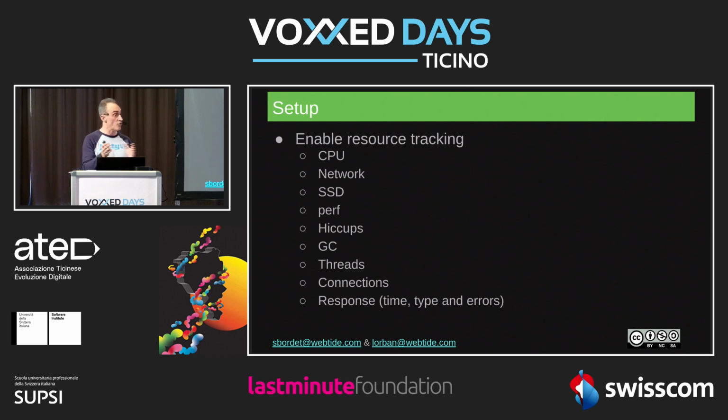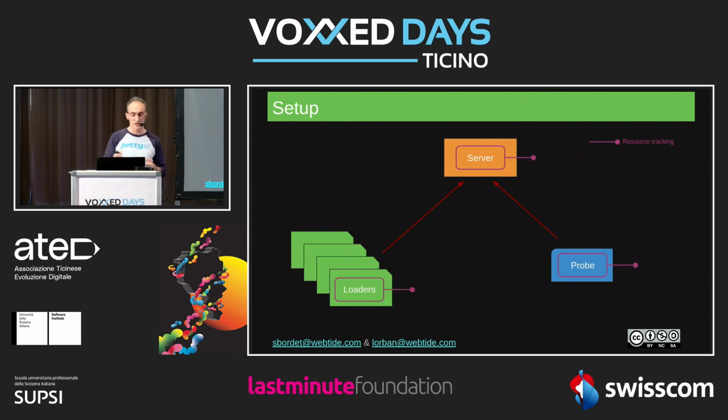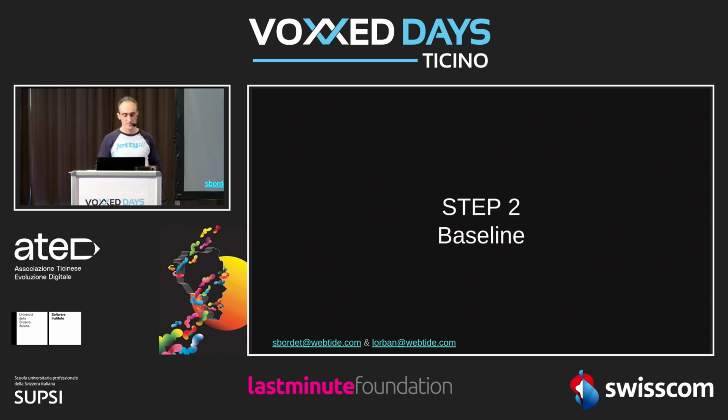And so you can correlate: oh, there's been a long response time. Okay, let me go to the hiccups. Do I see a hiccup at the same time? Yes, okay. Well, then now I need to figure out the hiccup, but at least you know that it's not your application. You want to monitor threads, connections, and obviously you want to monitor response times. You want to monitor response types, meaning whether it's a 200 or a 500. And then you want to monitor for errors.